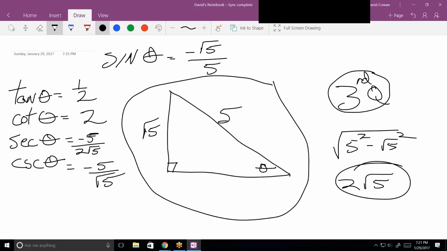And to label two sides of it, notice that the fact that the sine has a negative sign in front of it, I ignored that completely when I was dimensioning that triangle. The only time I took that into consideration was in determining that it had to be third quadrant, because that's the only quadrant where sine is negative and cosine is negative. But for dimensioning the triangle, ignore that negative sign if there is one there.